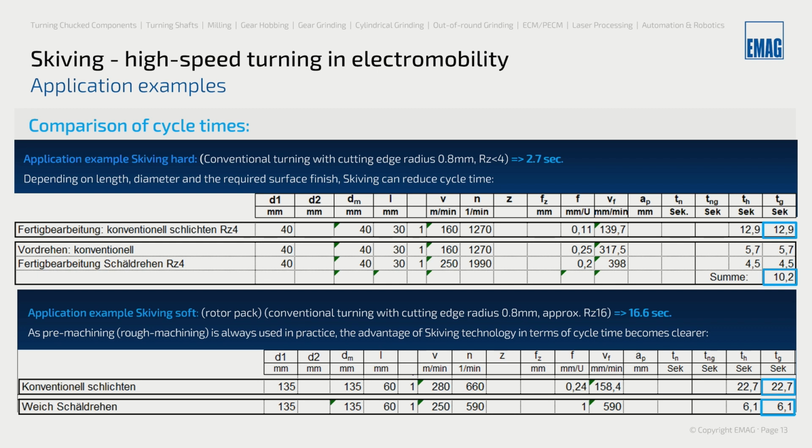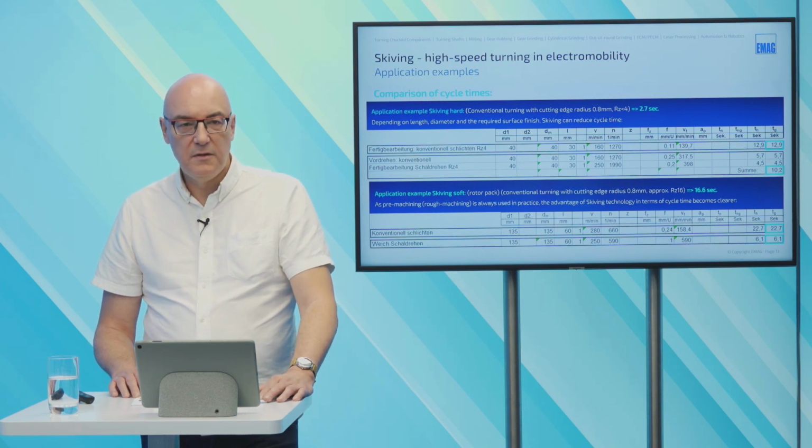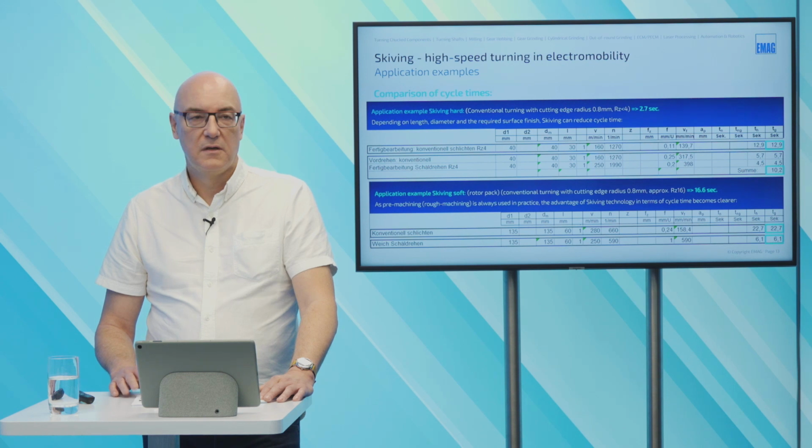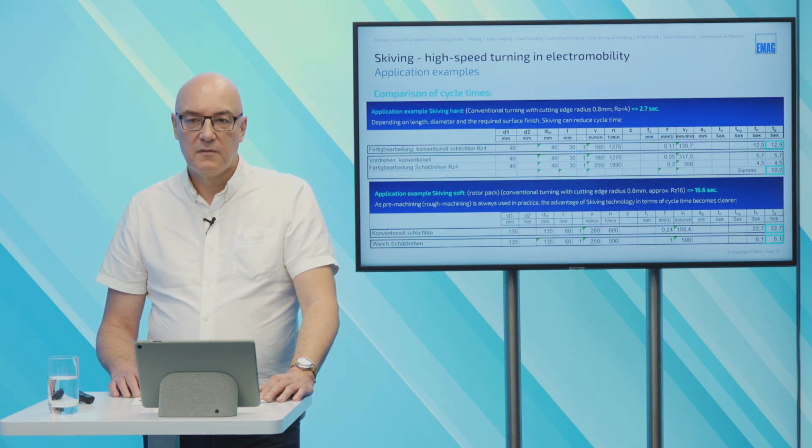And in comparison, we are 2.7 seconds faster with the skiving process. And that's it for the hard turning. We have to do the pre-turning because of the run-out and the quality of the raw part in the machine, and we need a very good run-out and good quality in clamping situation. Because of this, we do the pre-turning for the skiving process.